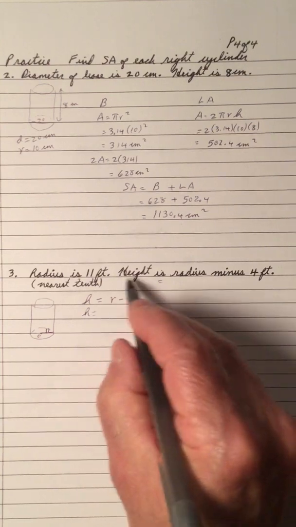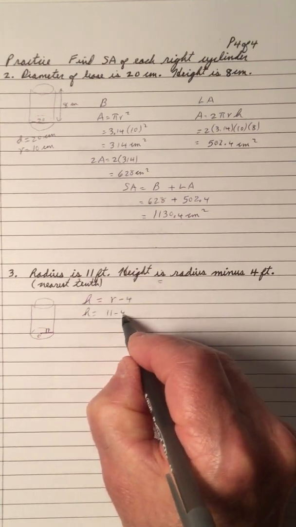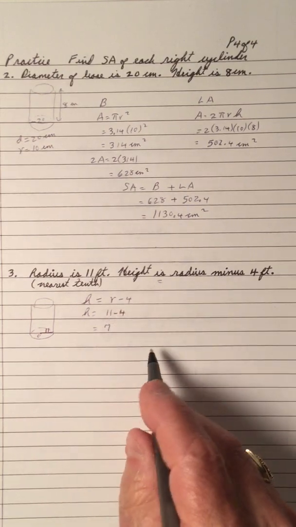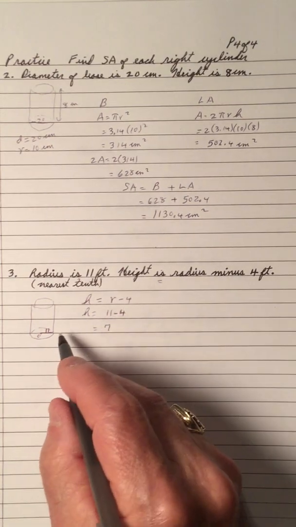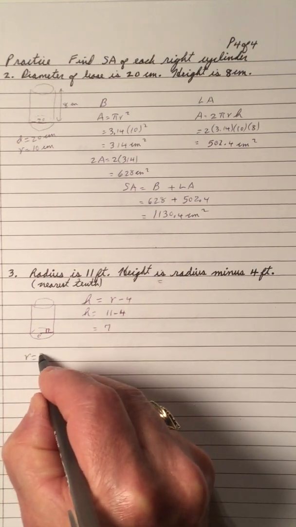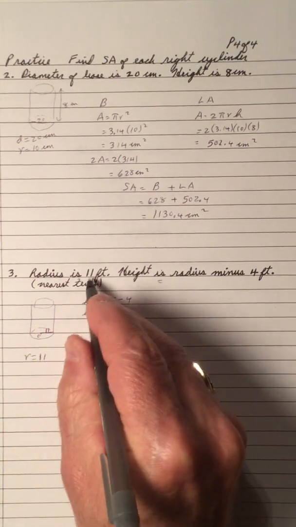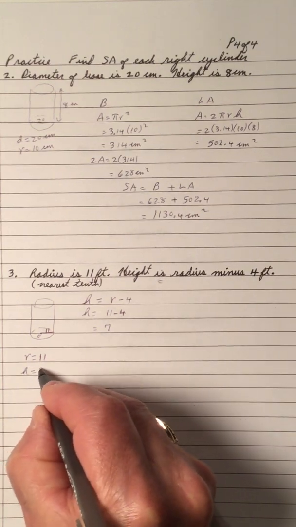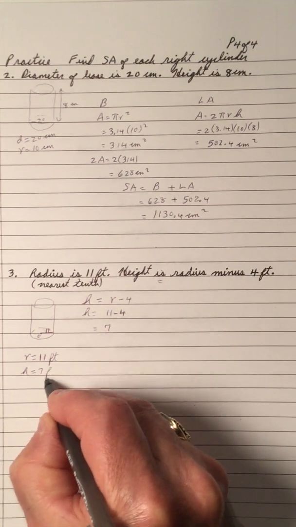So the radius is 11, so 11 minus 4, so the height is 7. So we have a radius of 11 and a height of 7, and they're in feet.